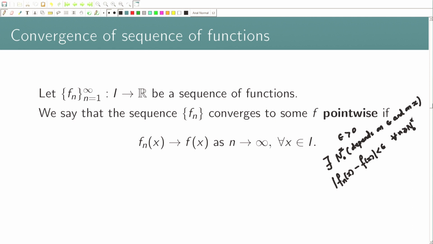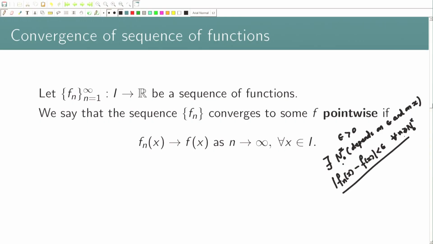Here n 0 of x can vary if we vary x, but for a fixed x we must get an n sub 0 for which this happens.